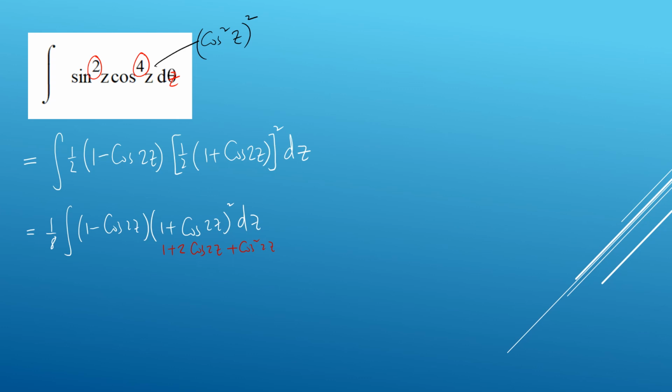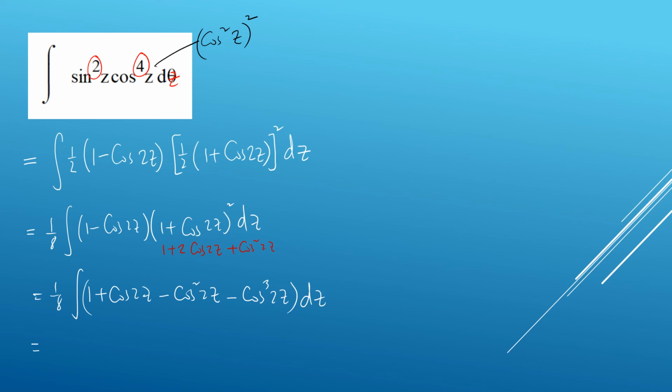And what do we get? We shall be getting 1 plus cosine 2z minus cosine squared 2z minus cosine cubed 2z dz. Okay? So expand 1 plus cosine 2z quantity squared and multiply it to 1 minus cosine 2z, and this is what you should get.